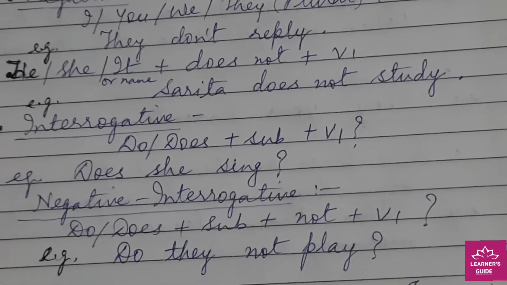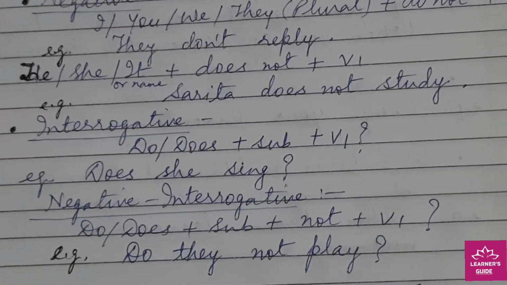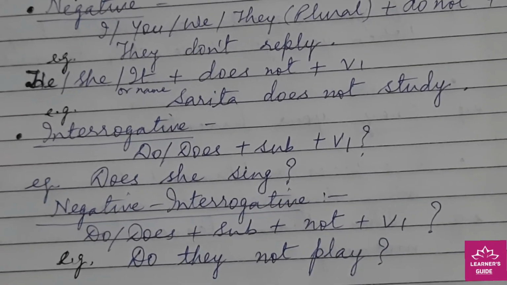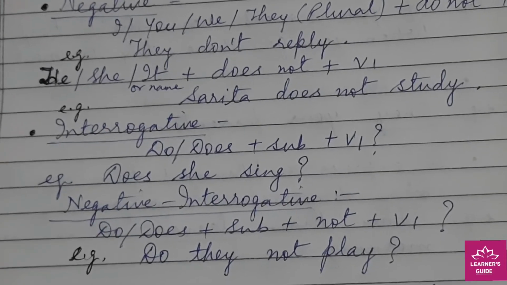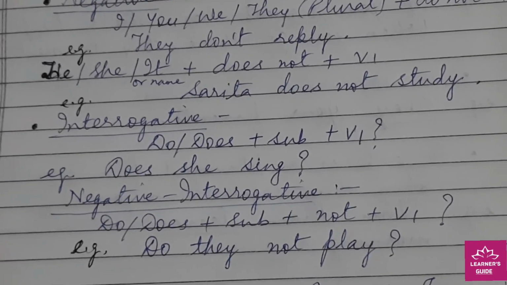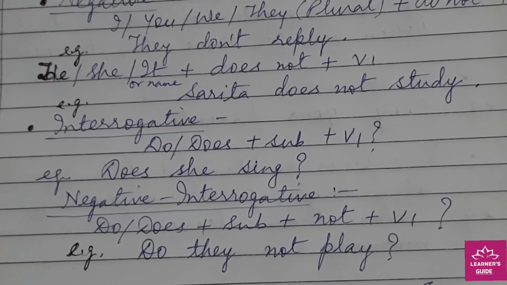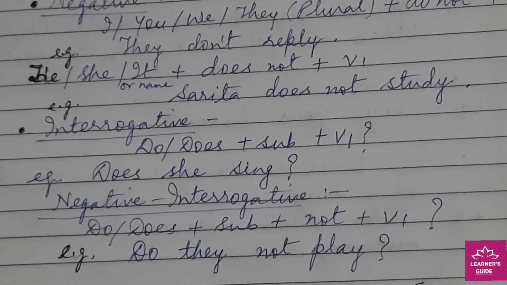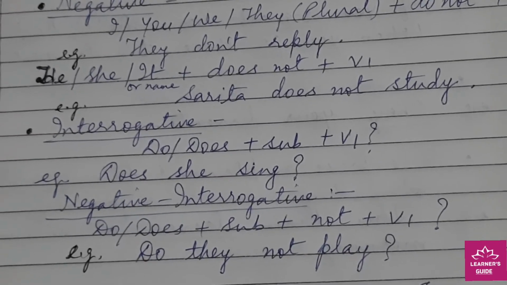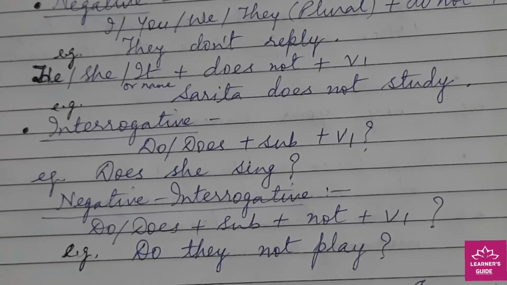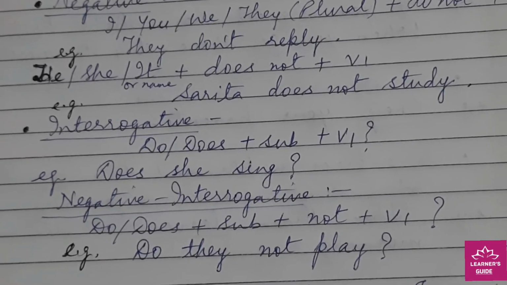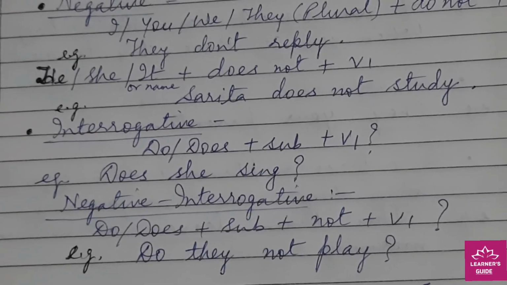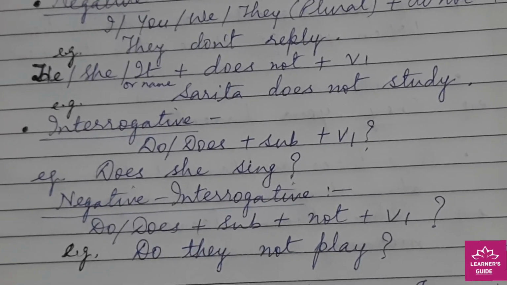So first form of the verb is used in all the sentences, in all the kinds here, in simple present tense. So an example we can take that do they not play? Okay, do they not write? Or does he not sing? Does she not dance? So here we are using do or does as per the subject.